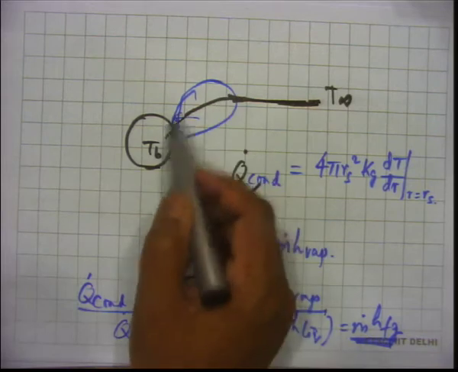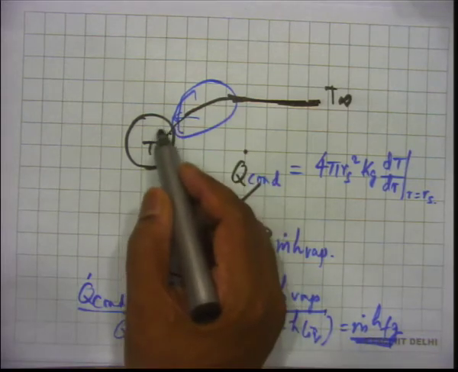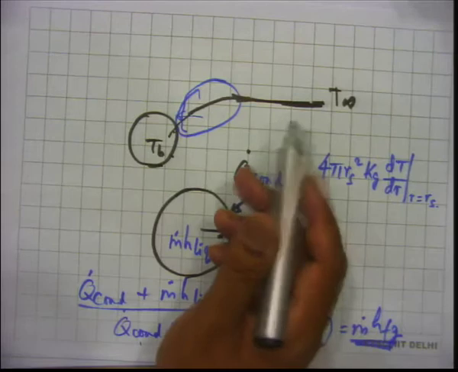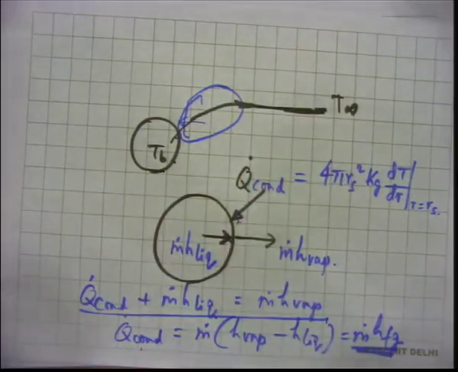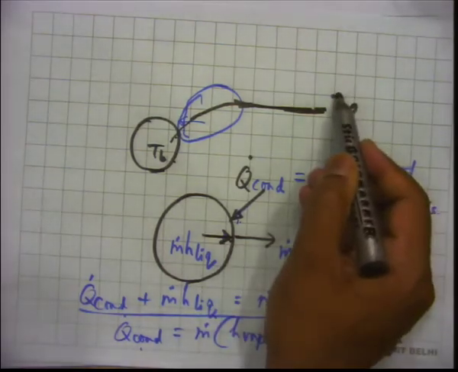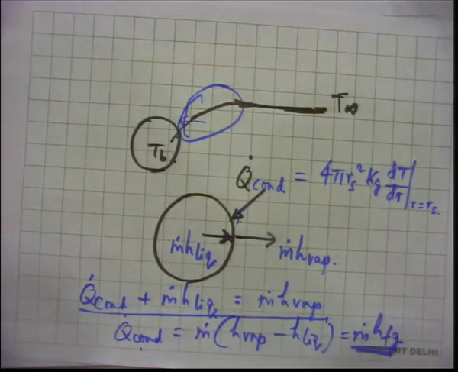So it will get heated and its temperature will get raised to its boiling point temperature. This is the assumption that we made, and we are doing a simple calculation, but if we do more detailed calculations, it's possible to show that it will reach very close to the boiling point temperature. Now the temperature T infinity may be much higher, maybe the furnace temperature may be 700 degrees Celsius, maybe more than that, so 1000 Kelvin, maybe more than that.